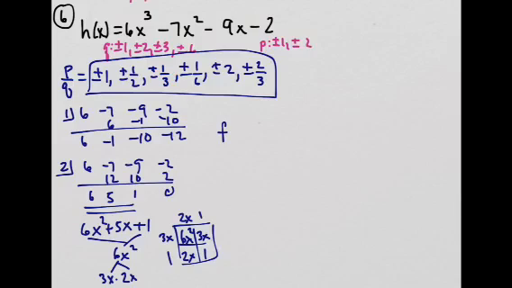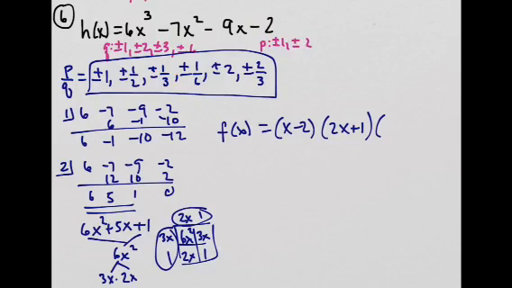So for my factored form, I'm first going to take the first factor from here, so that's going to give me x minus 2. And then from the quadratic, I'm going to take 2x plus 1 and 3x plus 1. Remember, this comes from 6x squared plus 5x plus 1.